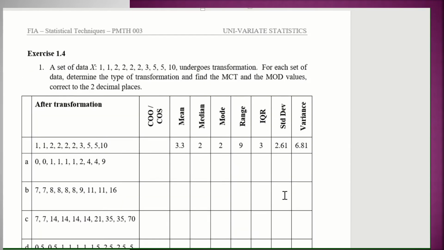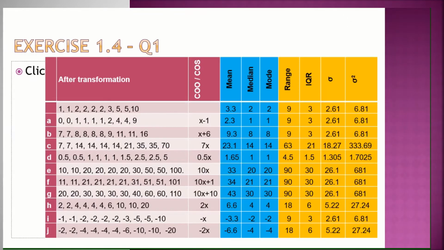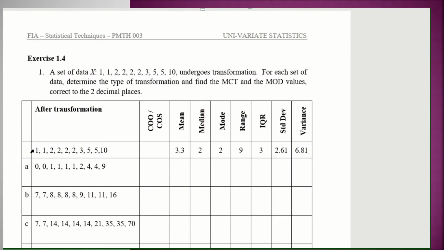Okay, exercise 1.4. What is happening here is they have given you the original data set as you see here. Original mean, median, mode, range, all given to you. So now you just need to sort out the transformation. You need to identify it yourself. 1 has become 0. 2 has become 1. 3 has become 2.